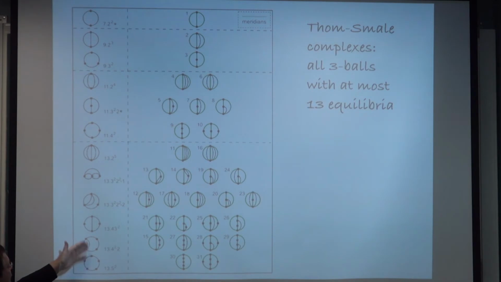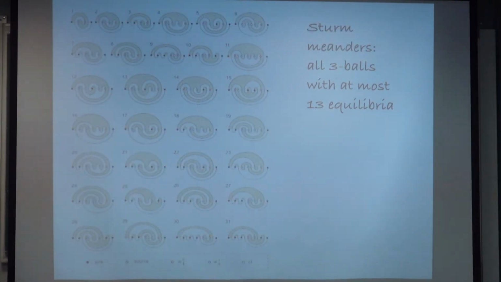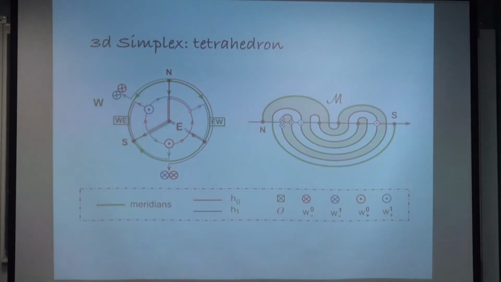Out of 13 equilibria, approximately 400 or 500 attractors occur here. We find these systematically, and here are the meanders for the associated equilibrium spaghetti. I'm not telling you exactly how we do this, okay?